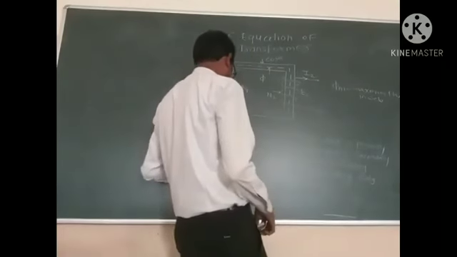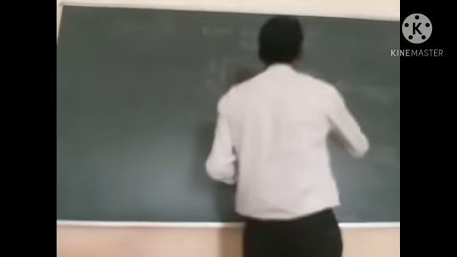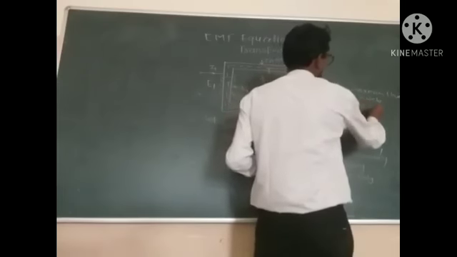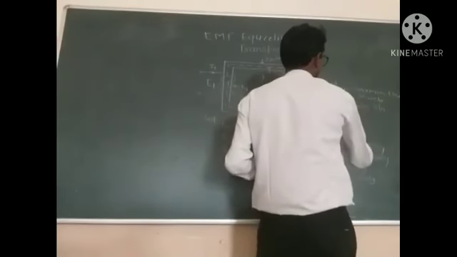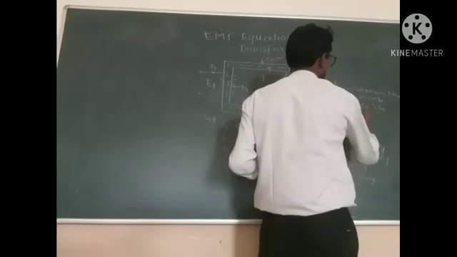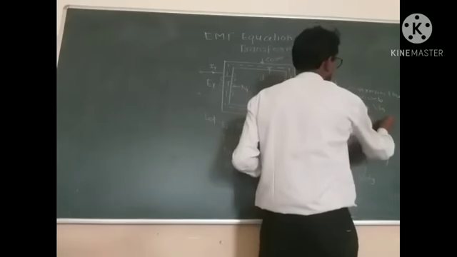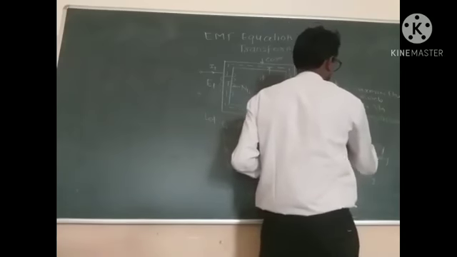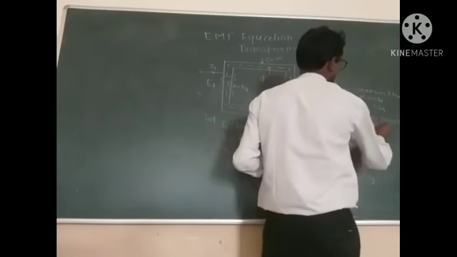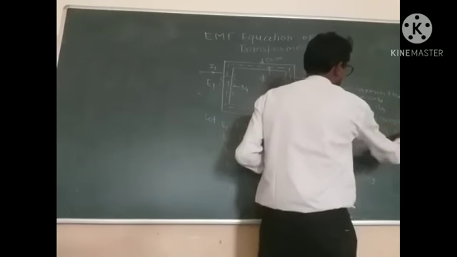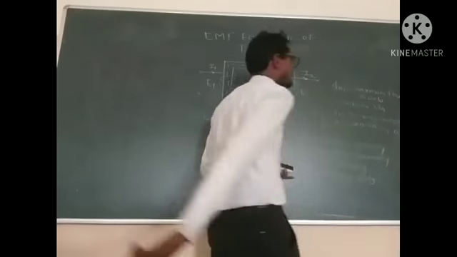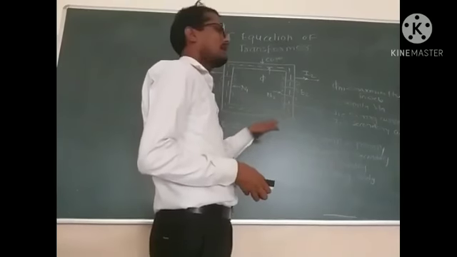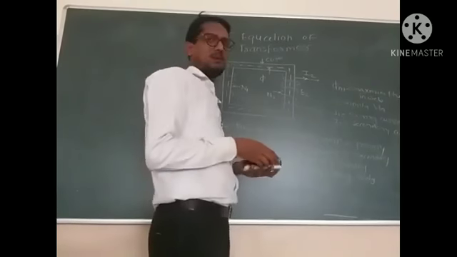Okay, then last, V is the supply voltage, I1 is the primary current and I2 is the secondary current. These are the abbreviations. We have to use these abbreviations in our EMF equation.